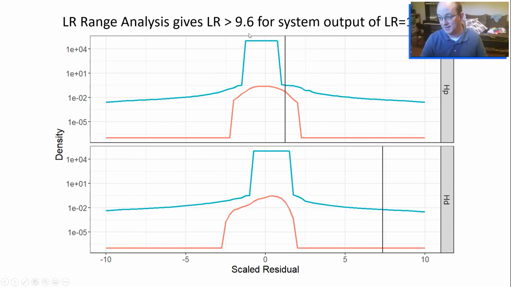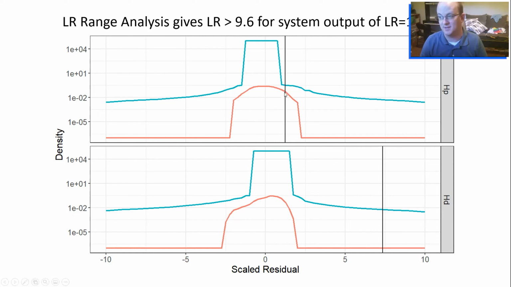That happens because you can see here that the curve representing how small the density could be for the numerator in this likelihood ratio starts to drop fairly rapidly as we get outside where the values typically fell in the scaled residuals.